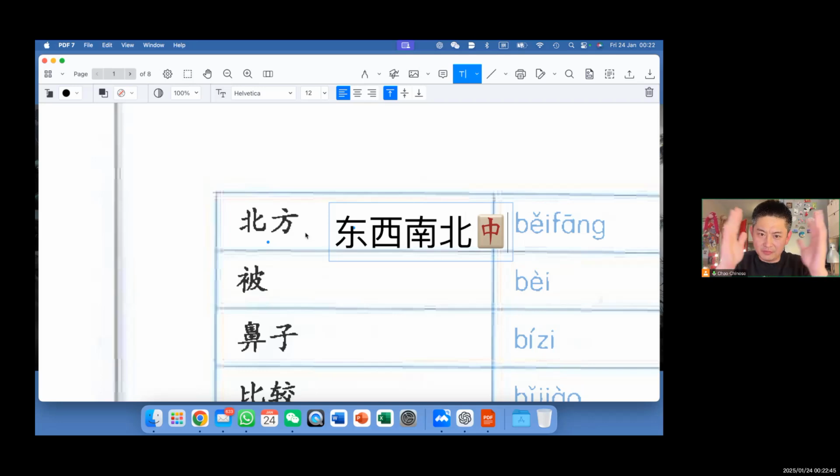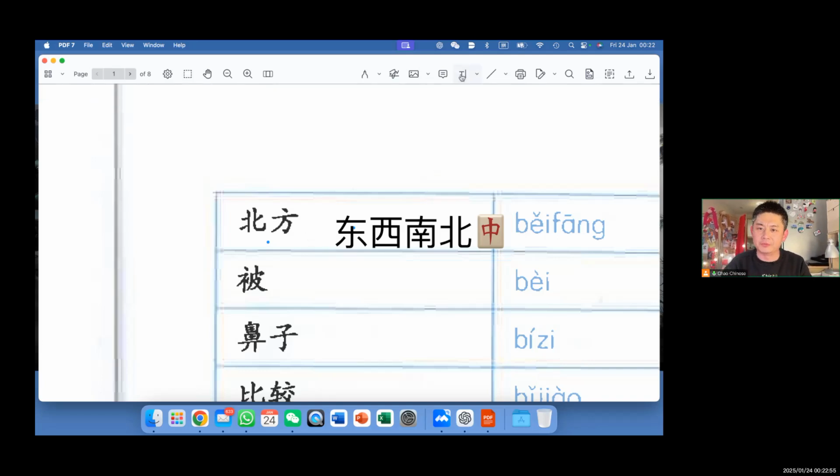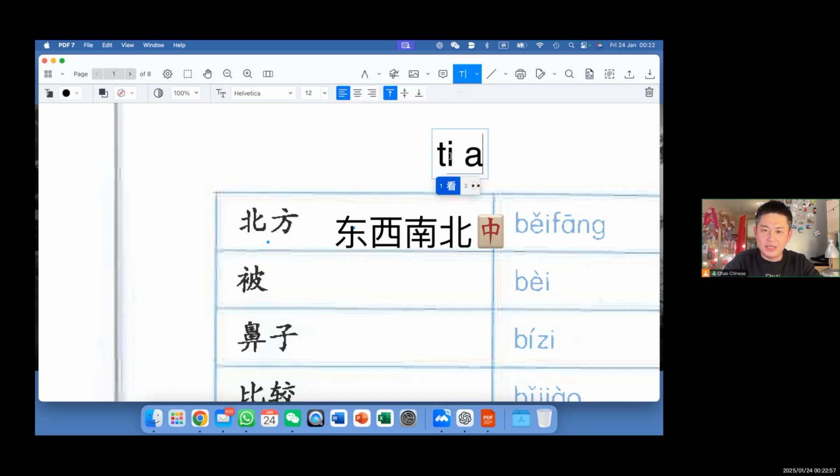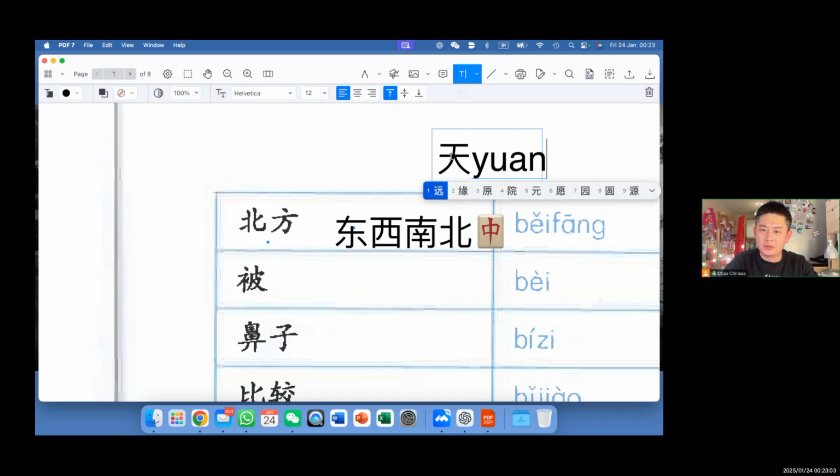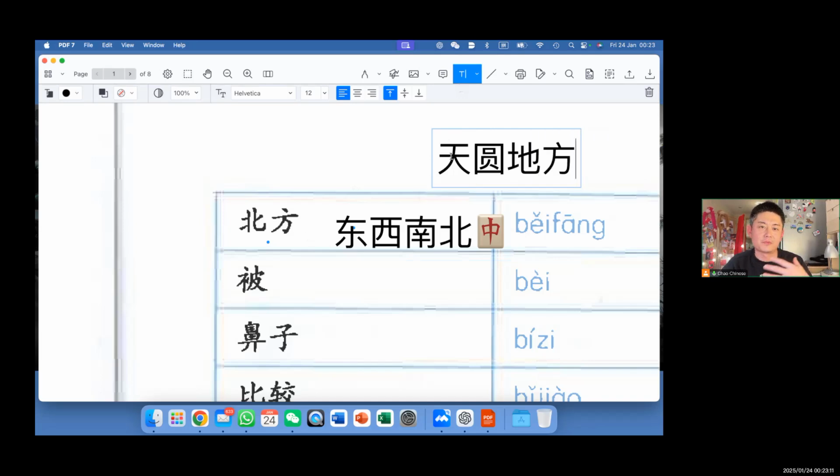And in ancient times, we have a saying, quite a deep one: 天圆地方. The sky is round, and the floor or the ground is square.